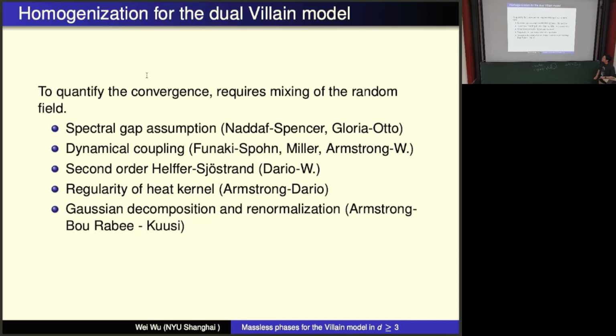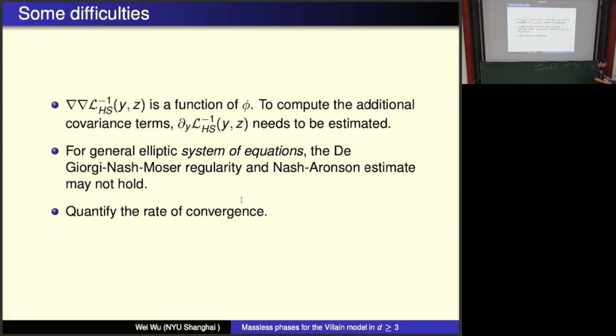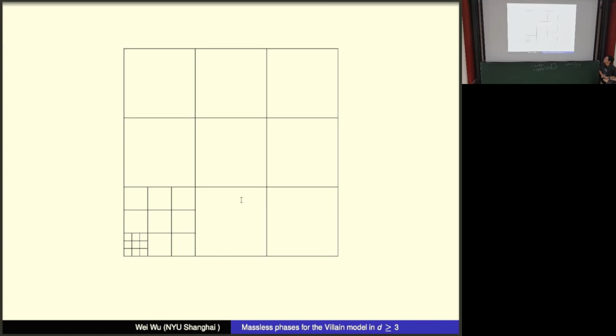So in fact, what we did with Paul is that we make use of the so-called second order equation. What does that mean? In order to show the mixing, we want to show that if we change the field a little bit in a faraway box, it will only affect the energy quantity here by a very small amount, right?